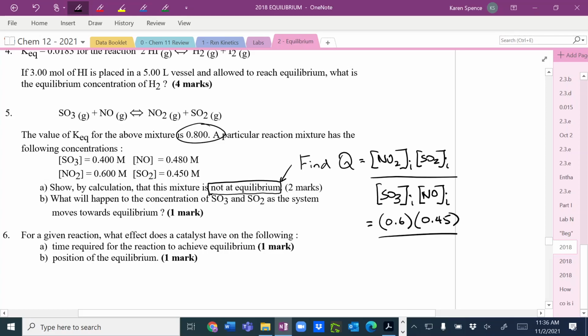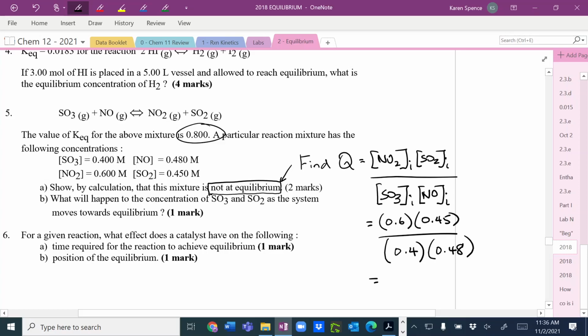You'll notice I'm playing fast and loose with my sig figs here because I'm just trying to get an answer really quickly. If this is a written response, though, you should always write down all your sig figs in your work. Yes? And then we have SO3, which is 0.4, and NO, which is 0.48.